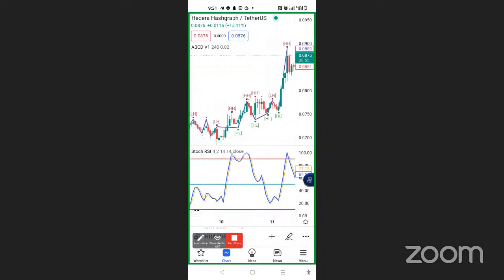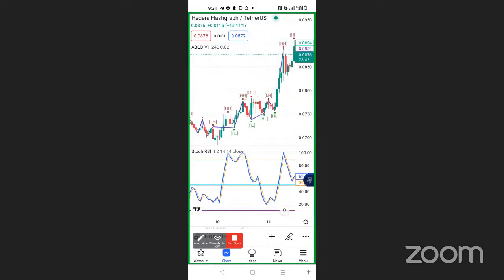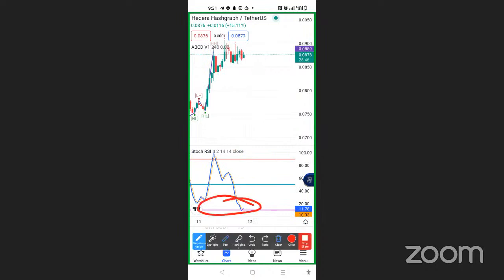There is another area that we should love most, which is when the stochastic RSI is in what we call the oversold area. Oversold means that the market did well, then it moved down. It came into this area called oversold. The sellers did what we call an oversell.